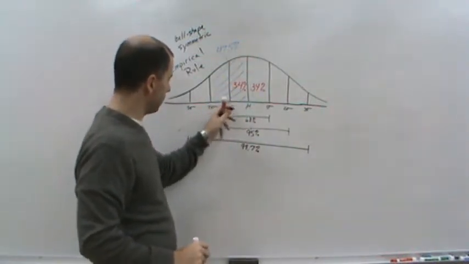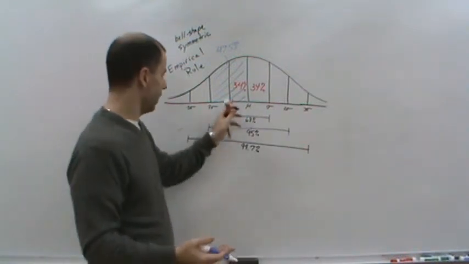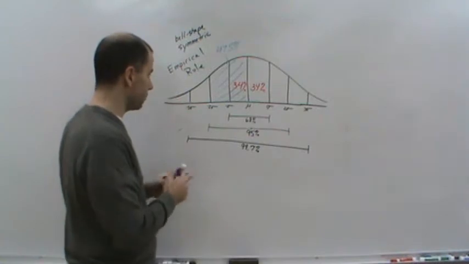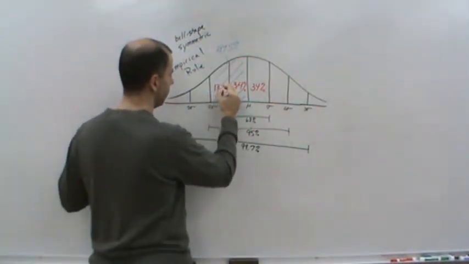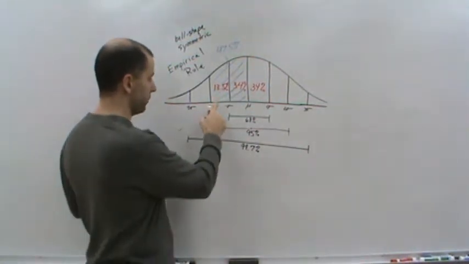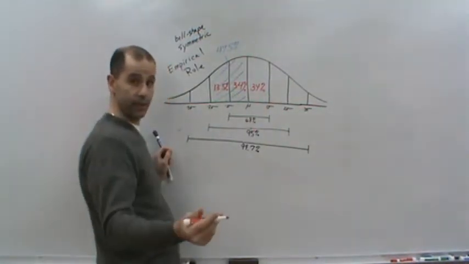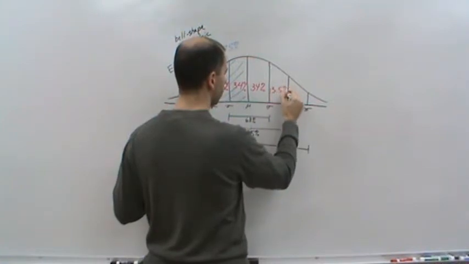Well, if I want this piece here, what would I do? I would subtract the 34% from this, and what do I end up getting? I end up getting 13.5%. And then, of course, if this is 13.5%, then what do you think this is going to be? The same, 13.5%. So 13.5% go here.